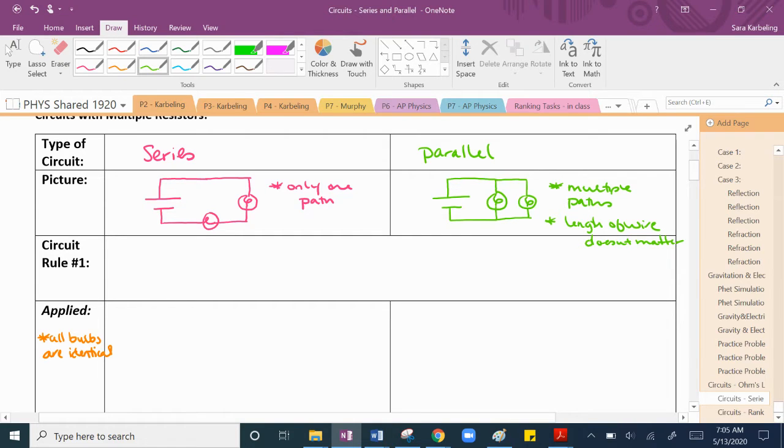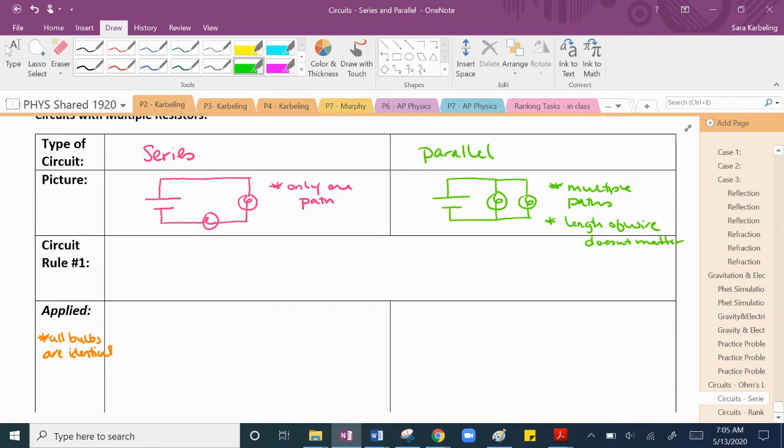So often students want to say that an electron is much less likely to go around this path than it would be to go around this path because it has to go farther. And actually, for an electron or for a charge, the length of the path does not at all matter. Okay, it's kind of path blind. So just know that in this case, both of those paths are equally likely.